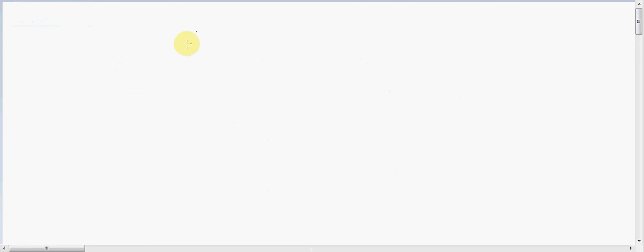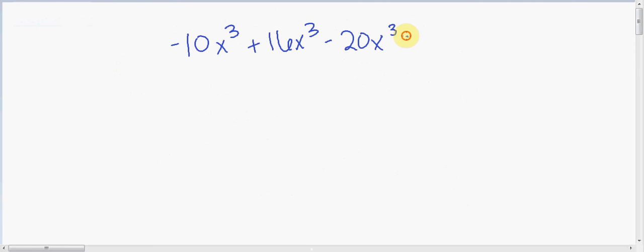Alright, one last variable expression here. Let's say we have negative 10x to the third plus 16x to the third minus, I don't know, we'll say 20x to the third and plus 2x to the second minus 5. Okay.